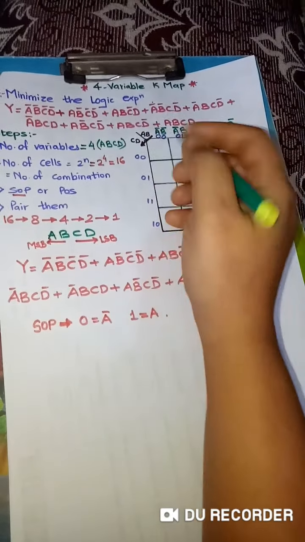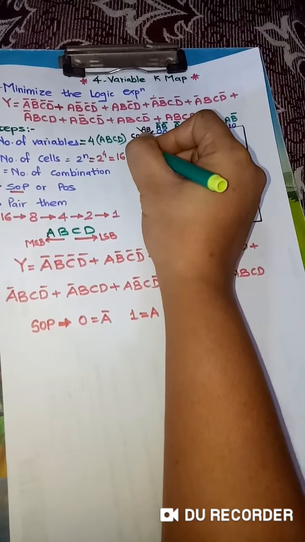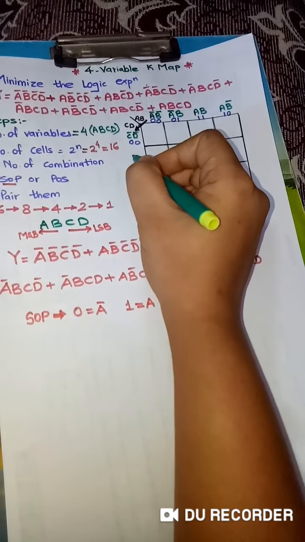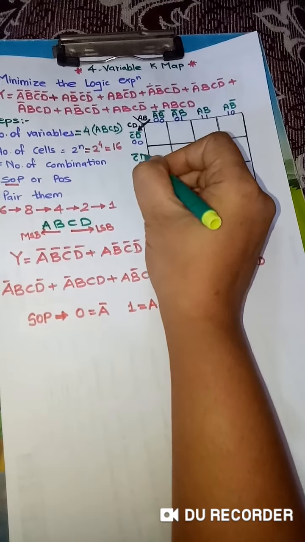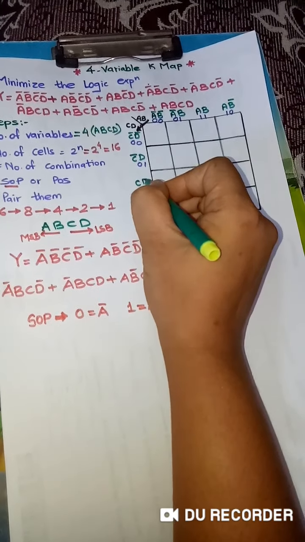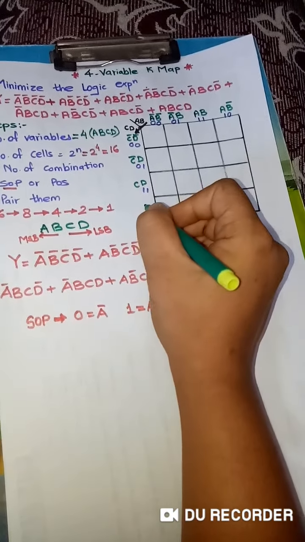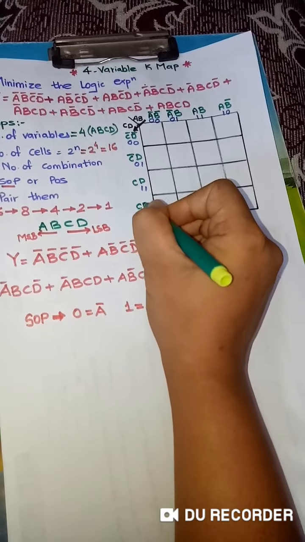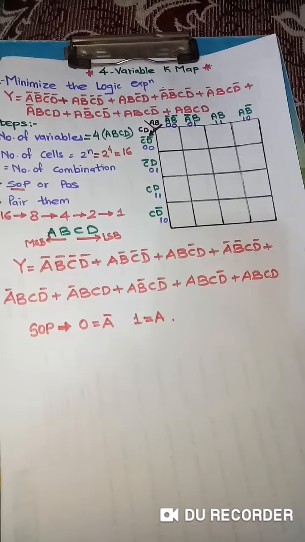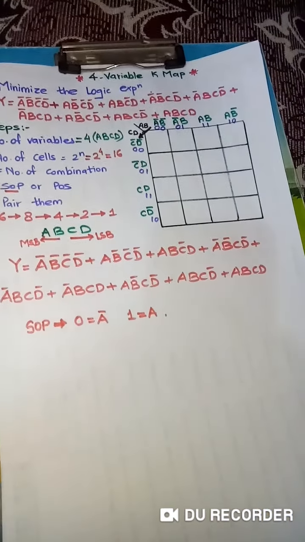Similarly, in this row, 0, 0 means C bar, D bar. 0, 1 means C bar, D. 1, 1 means C, D. And 1, 0 means C, D bar. And we know how we denote these blocks in the form of Gray code.